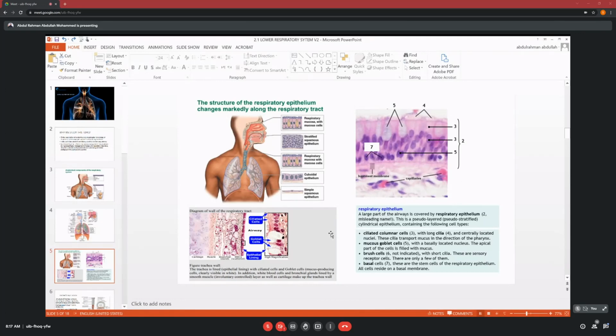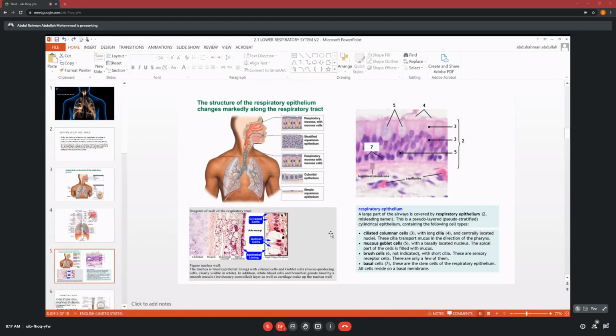So for this we have mucus secretion by the goblet cells. We have an abundant number of goblet cells in the conducting zone, and they are absent as we go down toward the respiratory zone. Very good.